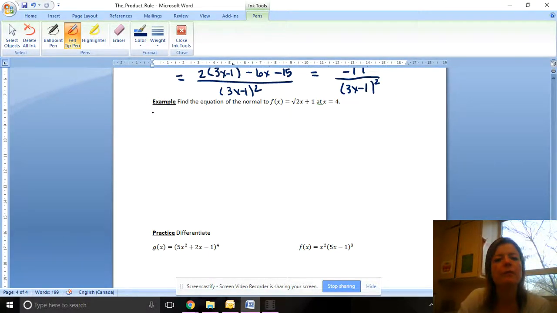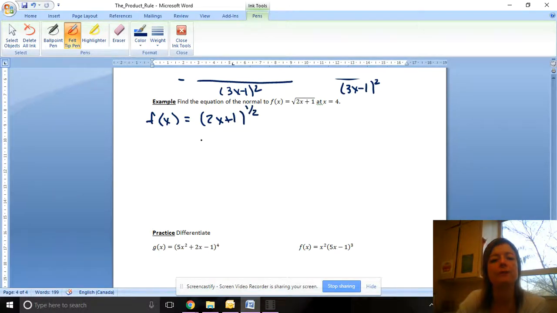Okay, the first thing we have to do is rewrite this function as 2x plus 1 to the power 1/2 so that we can find the derivative. So f prime of x: we take down the 1/2, we leave the bracket the same, we reduce our exponent by 1, and we take the derivative of this inside function.